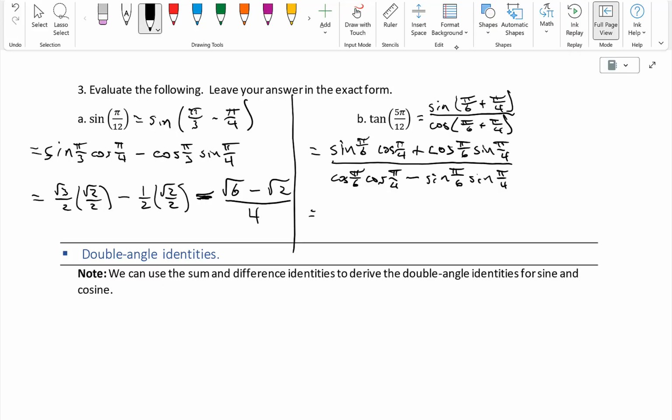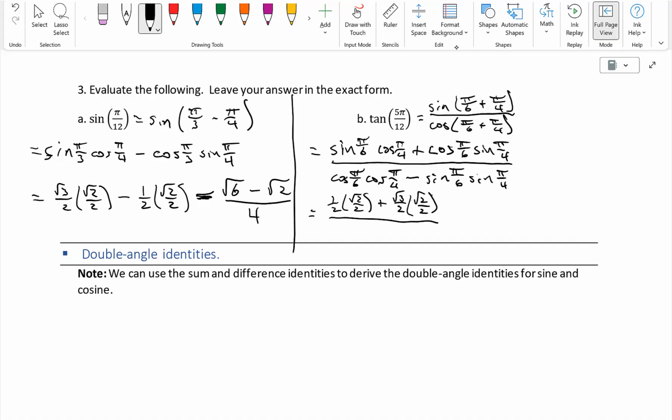So I'm going to go down here. Sine of pi over 6 was the 1/2. Cosine pi over 4, root 2 over 2, plus cosine pi over 6 is the root 3 over 2. Sine pi over 4, again, root 2 over 2.